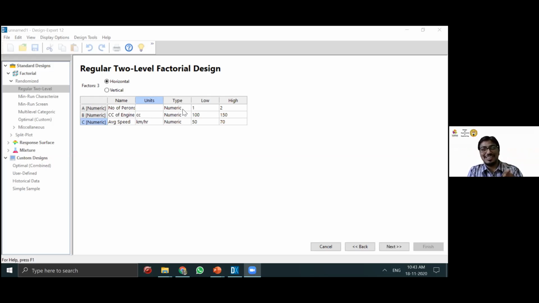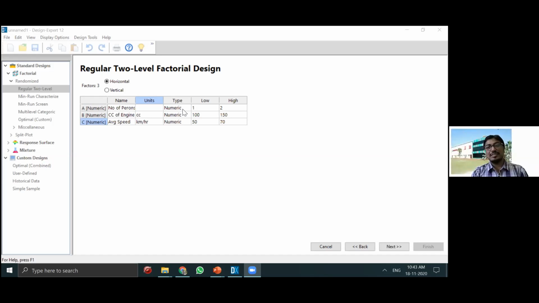Number of persons is not actually a numerical one, right? It's a categorical factor actually, 1 person or 2 persons. And if instead of 100 cc and 150 cc I had mentioned Pulsar and Splendor, then it is a categorical factor actually. So that can also be done.